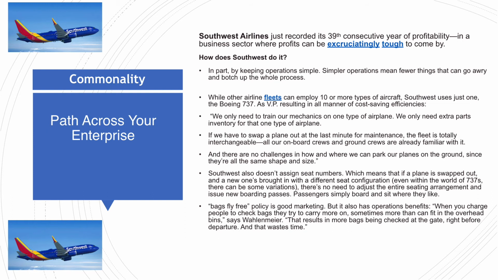They use one piece of equipment, the 737, which means every engineer is trained on the same equipment, so the training costs go down. The inventory goes down because it's inventory for one piece of equipment. And when all those cost structures go down, it allows them to do value-added services, which is customer satisfaction. Bags fly free, things of that nature.